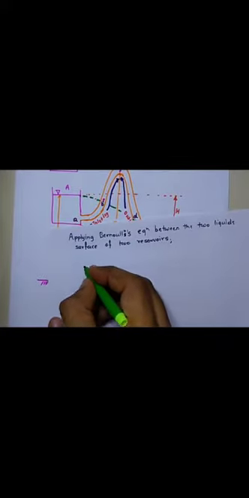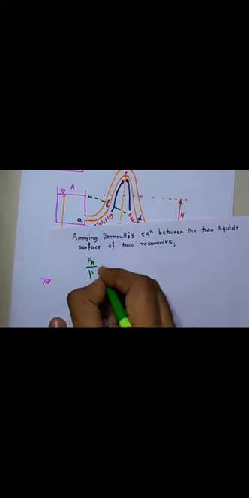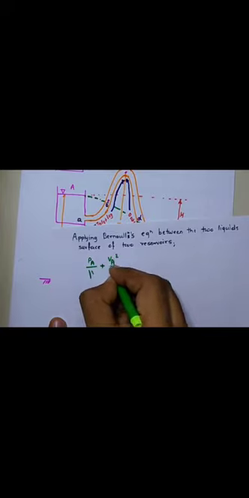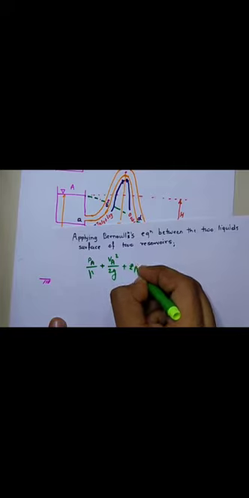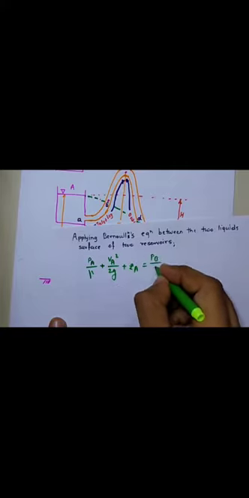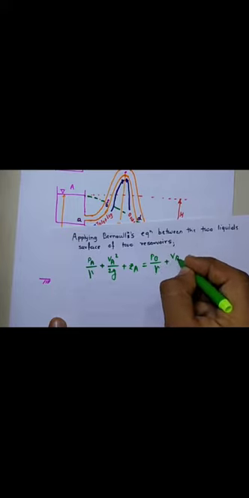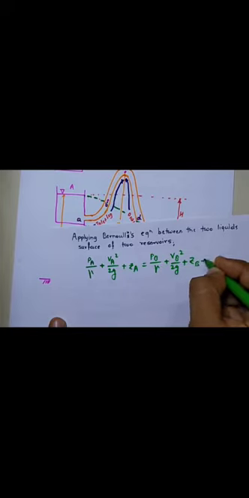Applying Bernoulli's equation about level A and level B, we have the expression: Pa upon gamma, which is the pressure head at reservoir A, plus Va square upon 2g, the velocity head, plus Za, the datum head, is equal to Pb upon gamma plus Vb square upon 2g plus Zb plus losses.